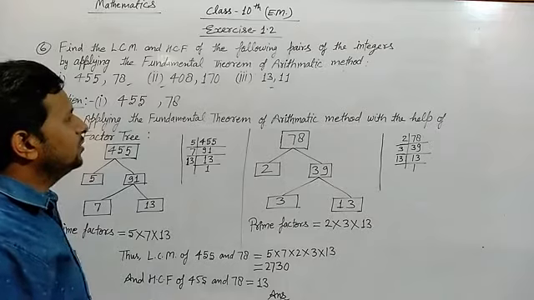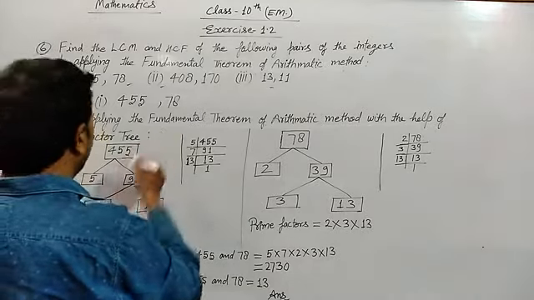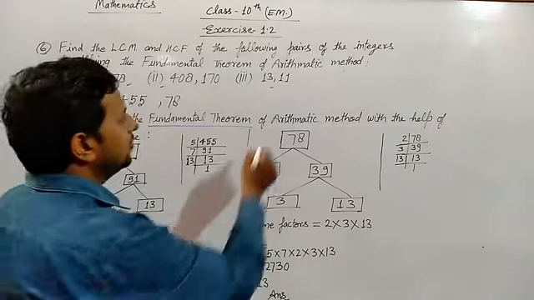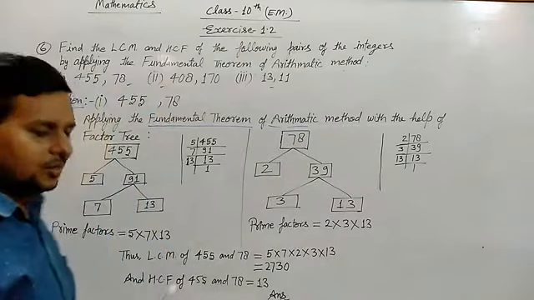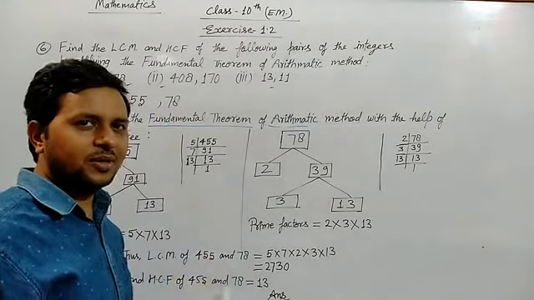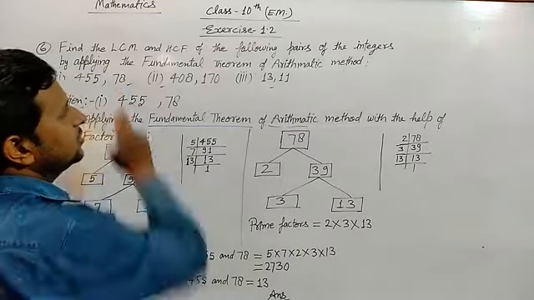Okay, so now we see here we have to apply the fundamental theorem of arithmetic. Okay, by using this method we have to find LCM and HCF of given pairs of integers.